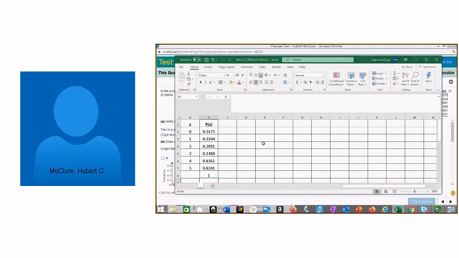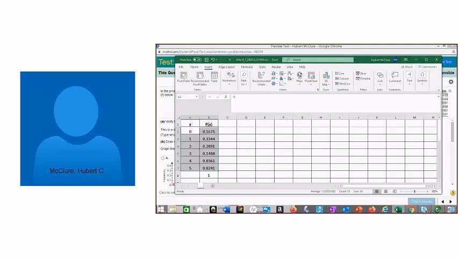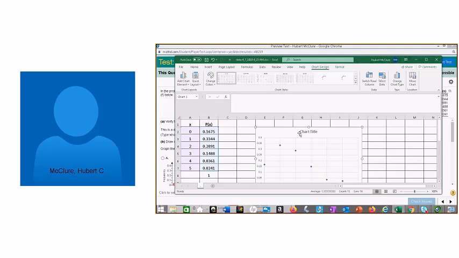Well, they said you need to graph it, so let's graph it. Highlight the two columns and go to Insert. And I usually use a scatter plot. Let's look at it right quick. I'm going to draw it on my sheet of paper here, so I'll have the answers when I go back to the test.